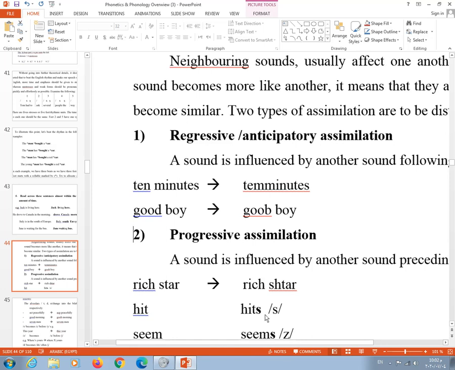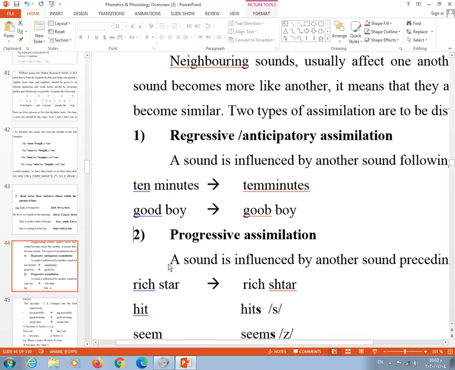Here s is pronounced as s because of t, and is pronounced as z because of m. M is voiced and makes s voiced also, and t is voiceless and makes s voiceless as well.